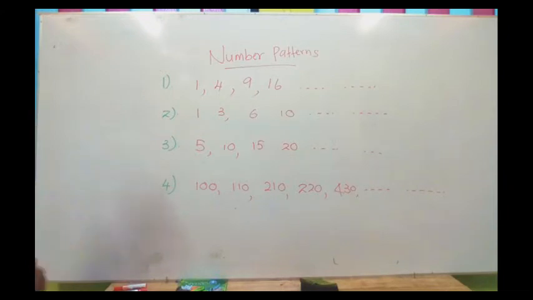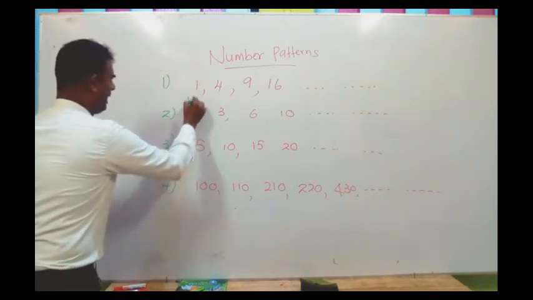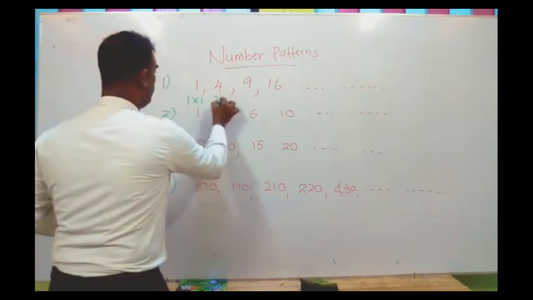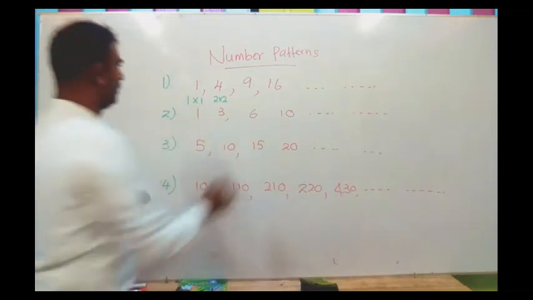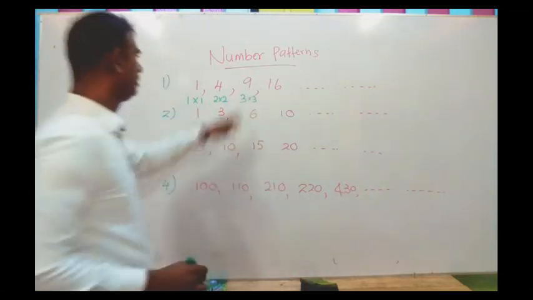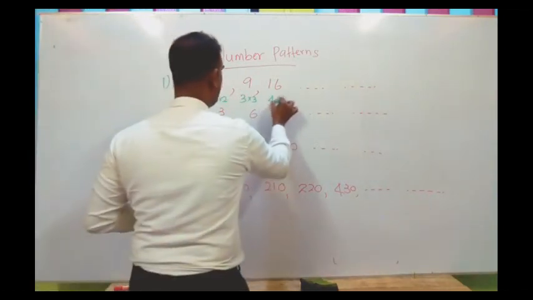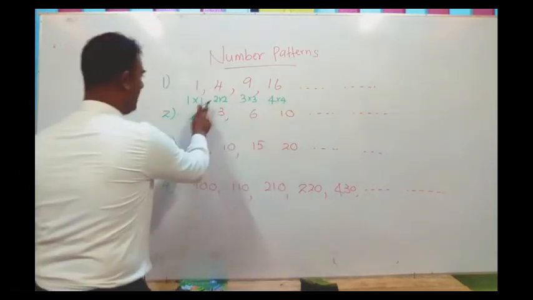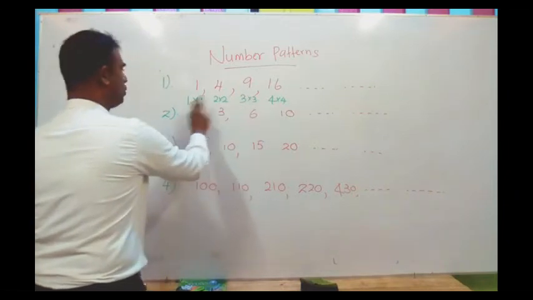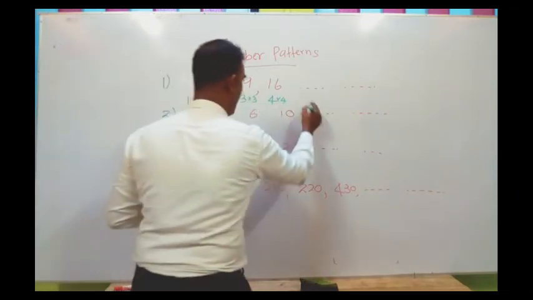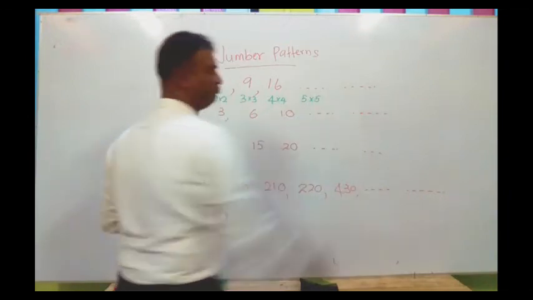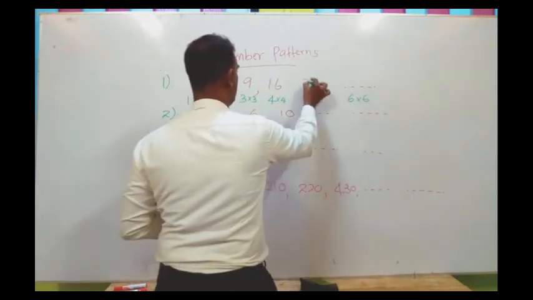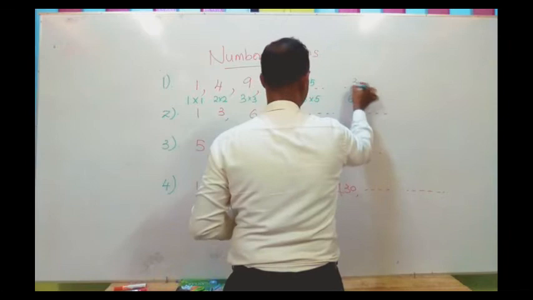Can you identify it? I can explain like this: 1 into 1 is 1, 2 into 2 is 4, 3 into 3 is 9, 4 into 4 is 16. Therefore, next is 5 into 5, 25, and 6 into 6, 36.